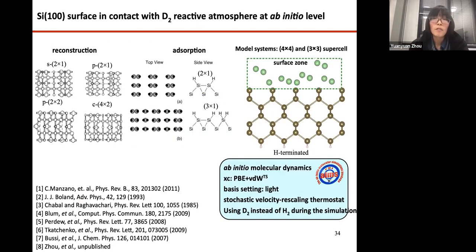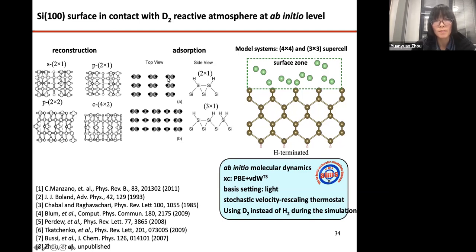Now we move on to our ab initio applications, that is the silicon 100 surface in contact with the deuterium reactive atmosphere. This silicon 100 surface has been well studied for many decades. The commonly accepted reconstruction patterns are symmetric 2x1, asymmetric 2x1, p(2x2), and c(4x2).